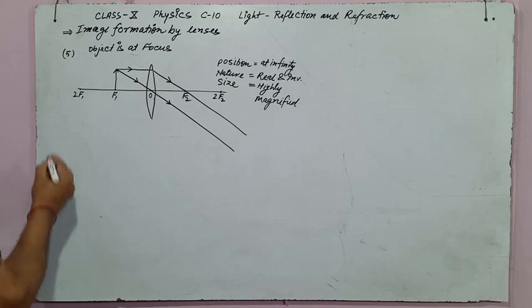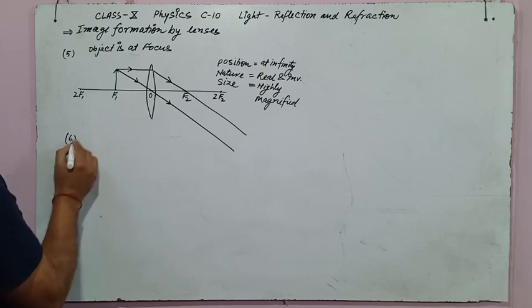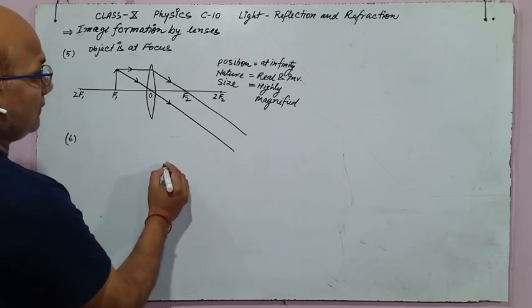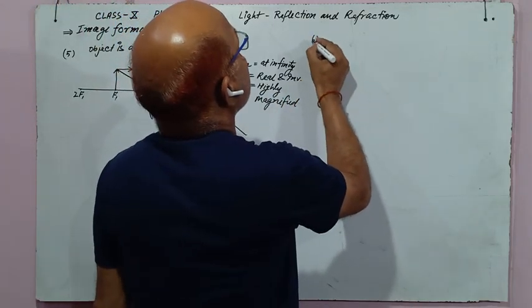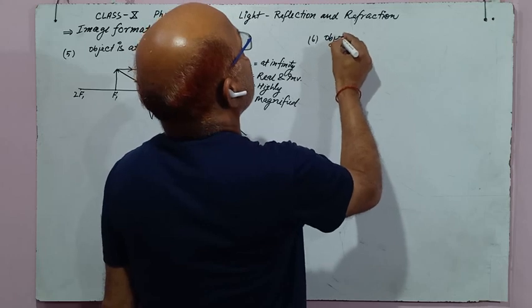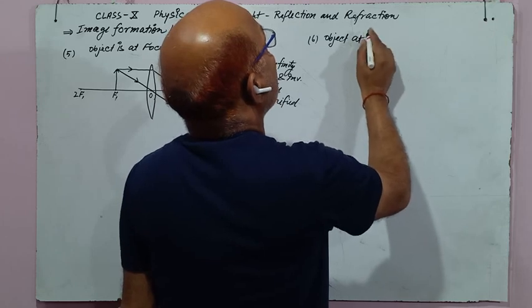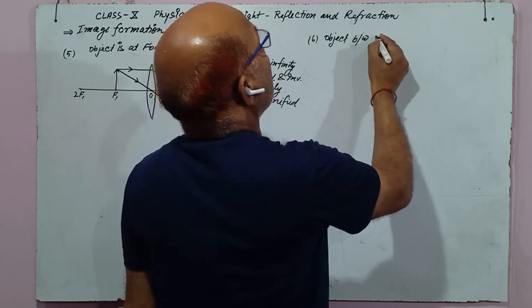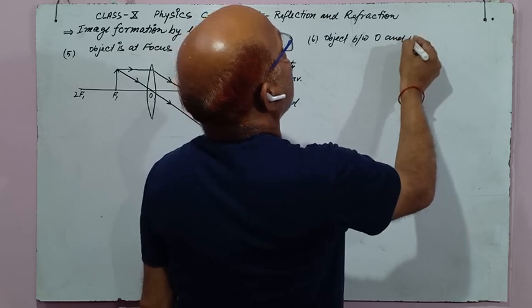Now we will discuss one more position for convex lens, when object is placed between optical center and focus.